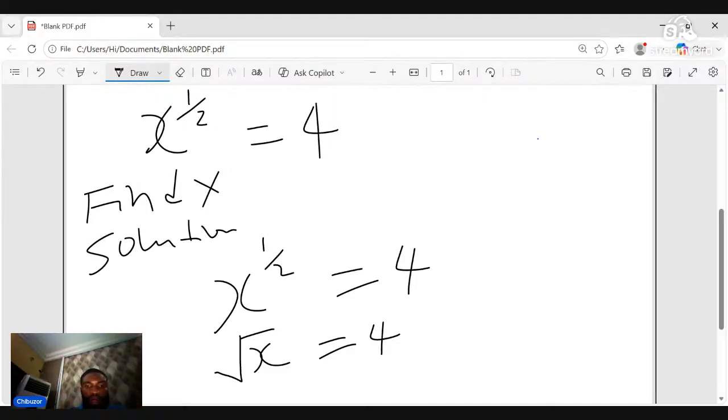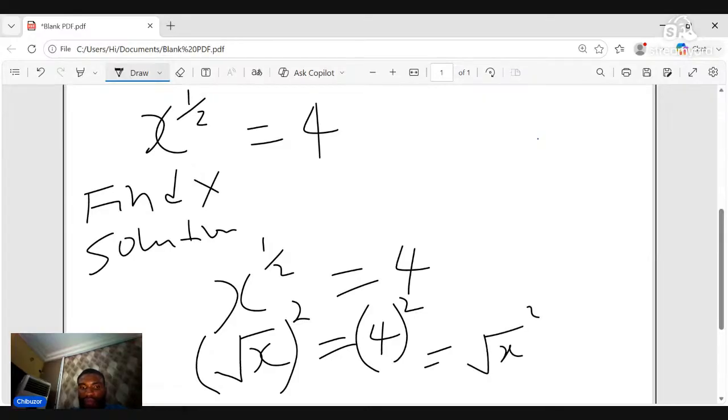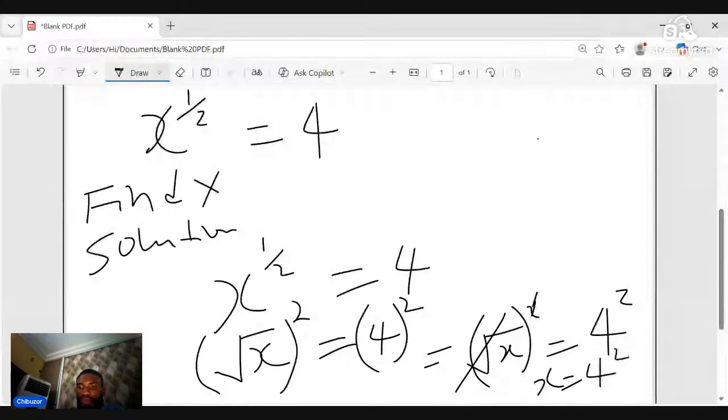We square both sides, raise both sides by 2. These 2 will cancel out this square, and we'll be left with x is equal to 4 raised to power 2. This is equal to 16.